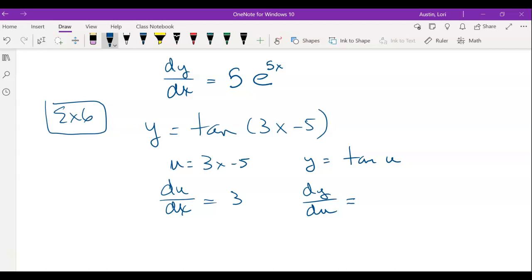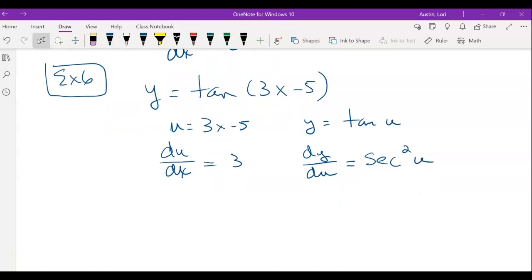Secant squared. Write them together. So the derivative of y with respect to x is 3 secant squared of u. Done.